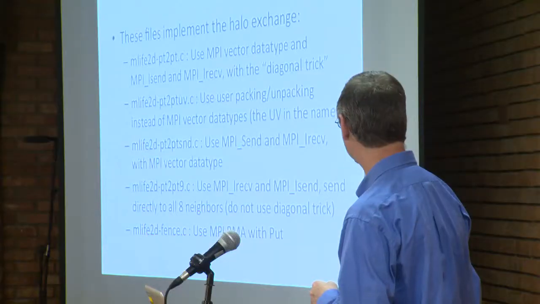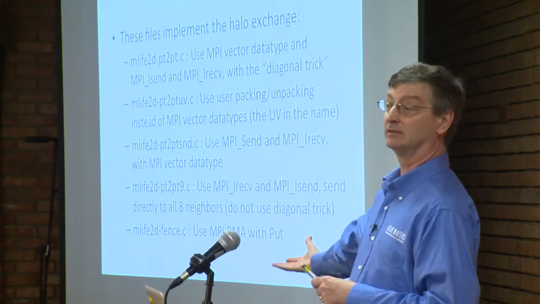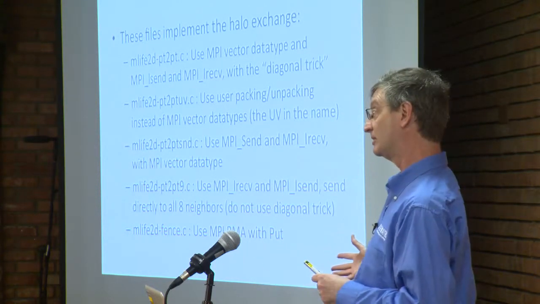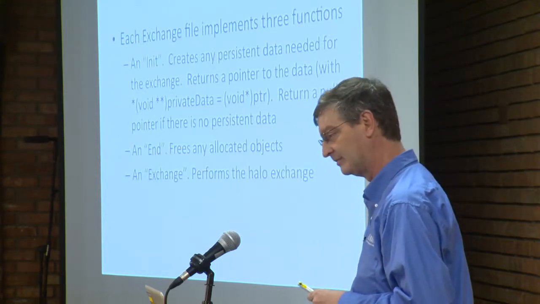And then the last one, which is another thing that we'll be talking about this afternoon, is using one-sided communication instead of two-sided communication to do this. So we'll use this one example to illustrate essentially everything. Each of those files implements three functions. There's an init, an end, and the exchange itself. So the init creates any persistent data that's needed for the communication.